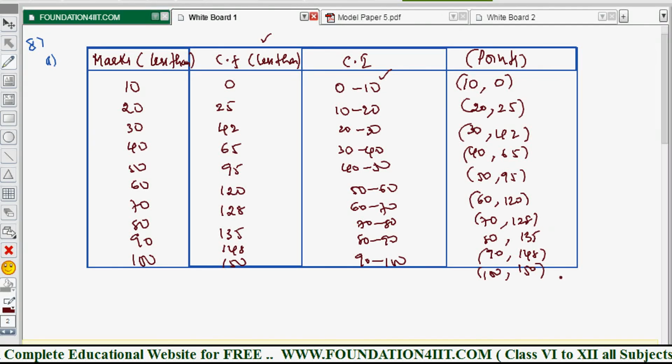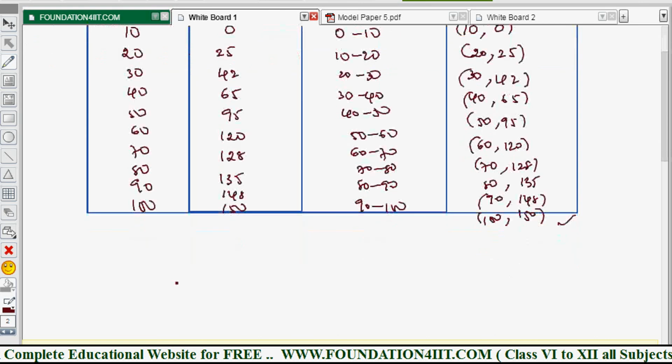These points only need to be plotted on the graph. Here the total number of students is 150, so the median is n by 2. Since 150 is an even number, half of 150 is the 75th observation. From the graph, the 75th observation is the median.